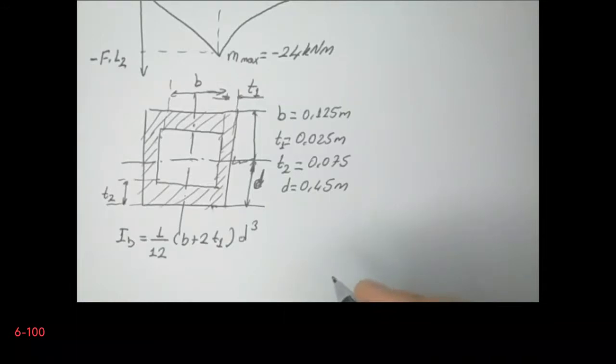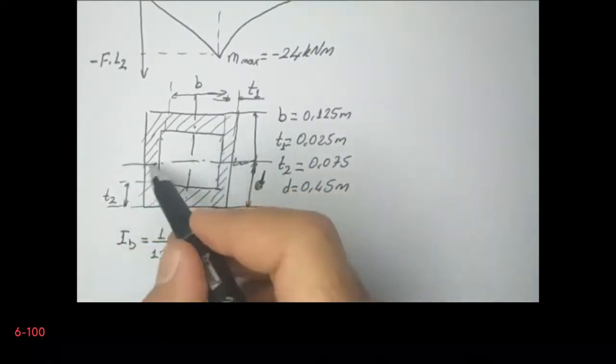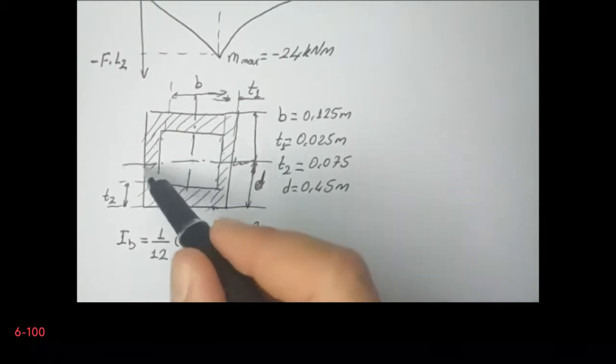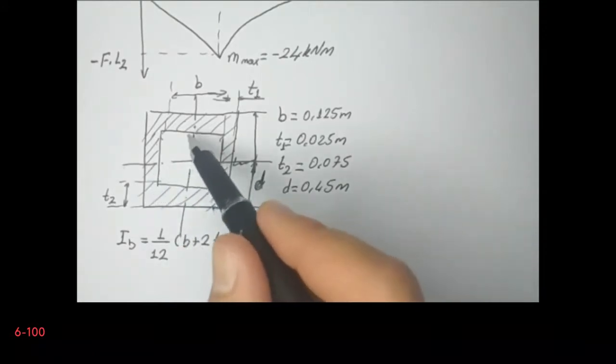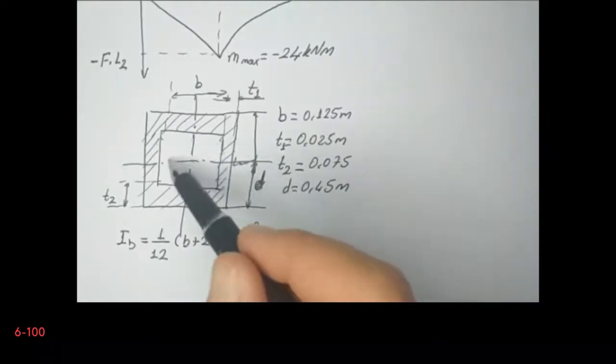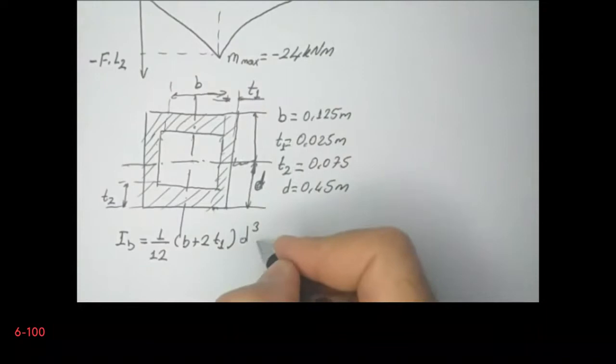And then we will subtract the bending moment of inertia of this hollow region with respect to the center axis, the axis that passes through the centroid.